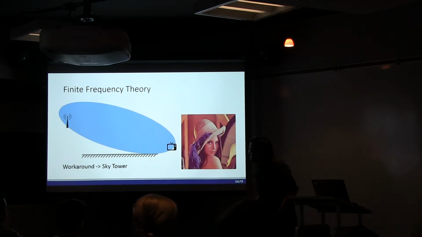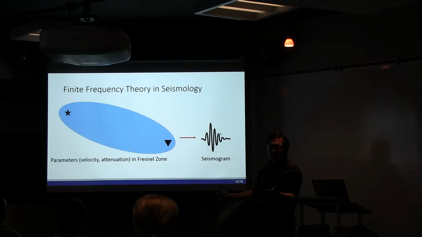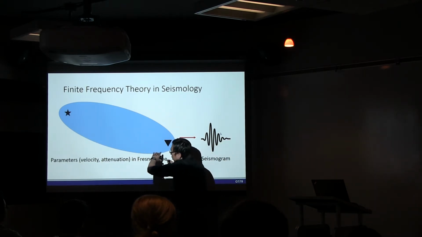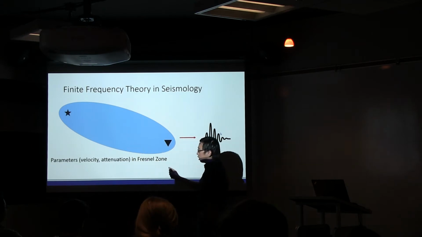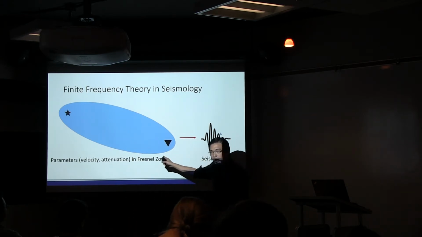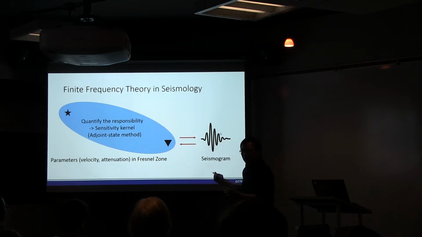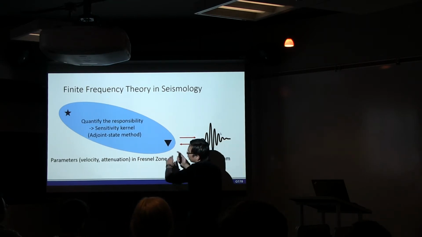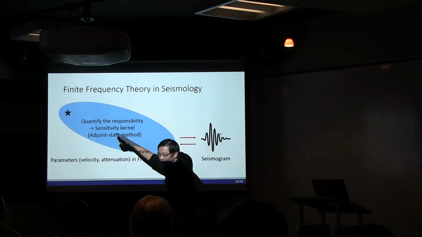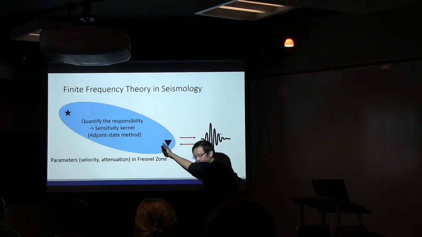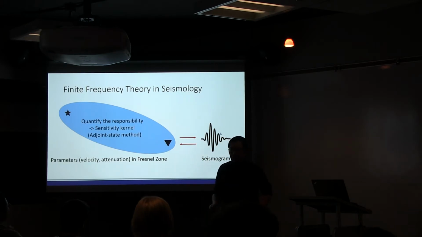Okay, so we basically have the same story for seismology. Not only the ray path, but everything in this Fresnel zone contributes to the seismogram recorded at the receiver. And the other way around, the data misfit should be projected back to the entire Fresnel zone, not just the ray path, because every point in this area is responsible.